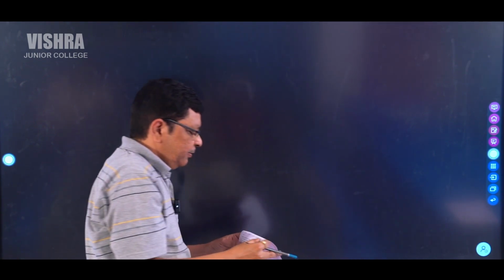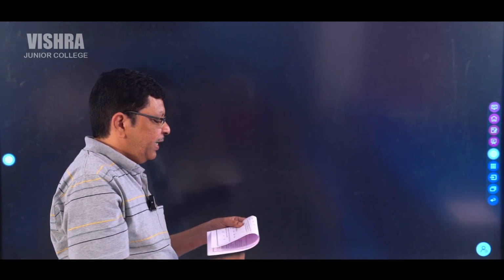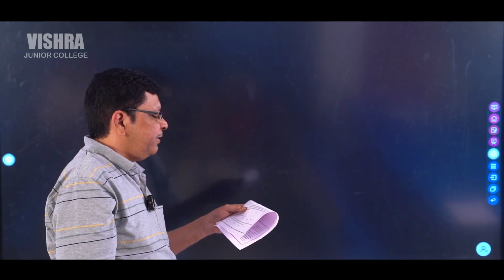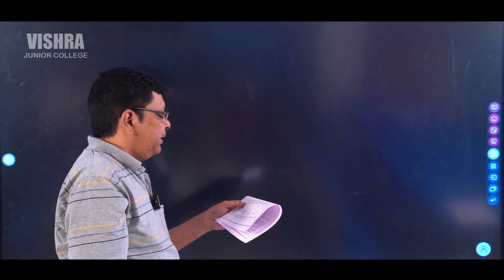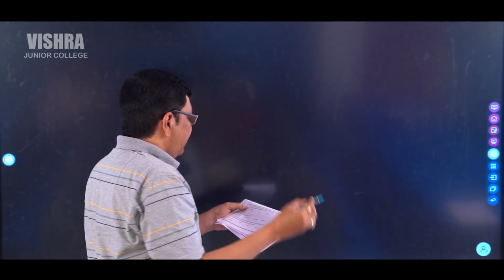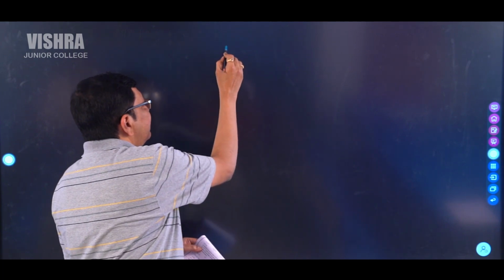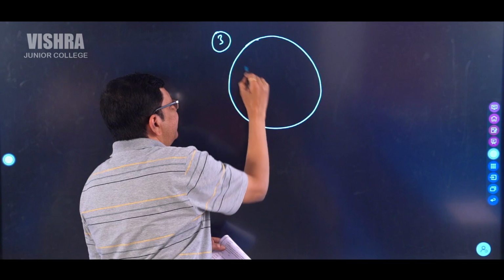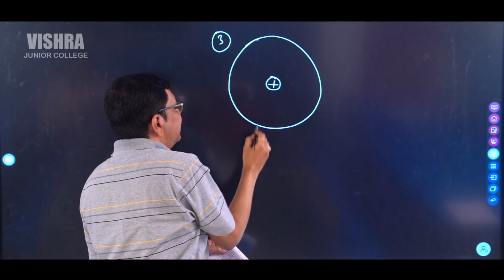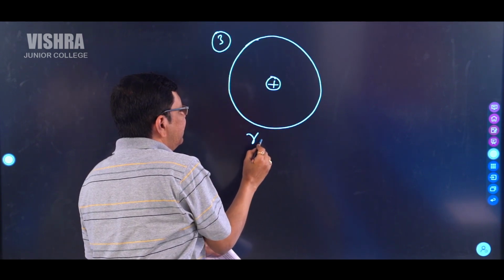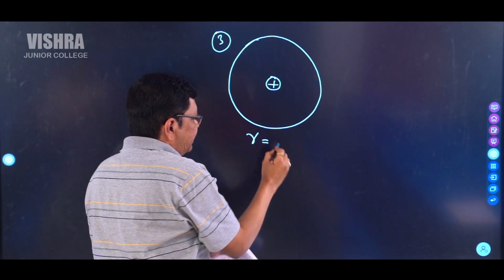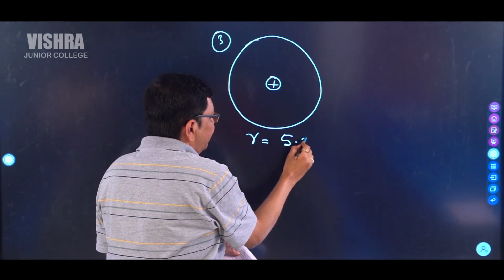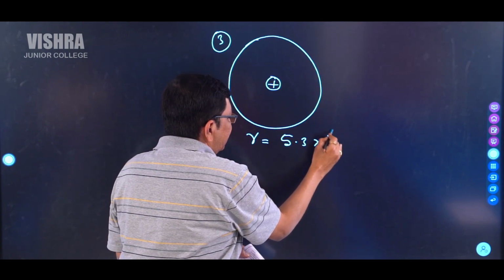In the next question, he said that an electron in the ground state of hydrogen atom has the orbit radius of 5.3 into 10 power minus 11 meter. So the electron is revolving in the hydrogen atom, it is in ground state, and in the ground state the radius of the orbit is given as 5.3 multiplied by 10 power minus 11 meter.